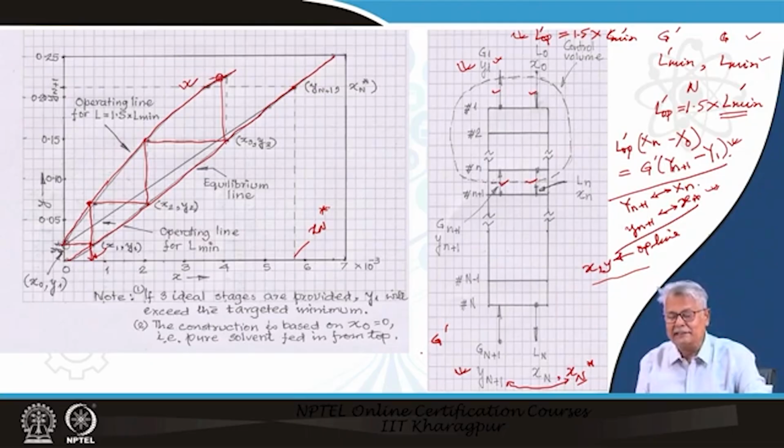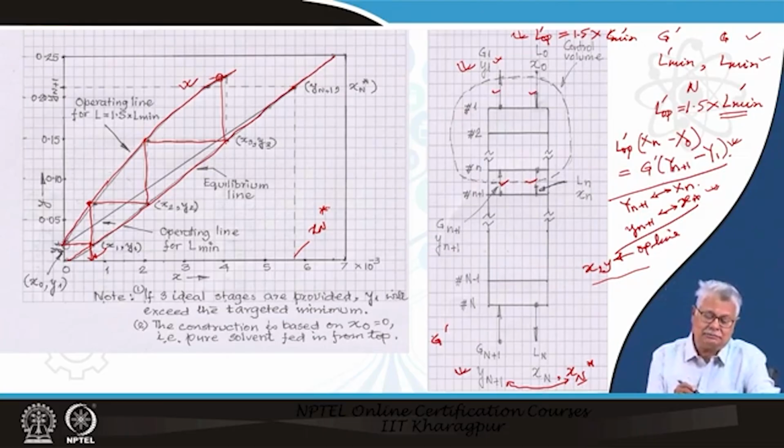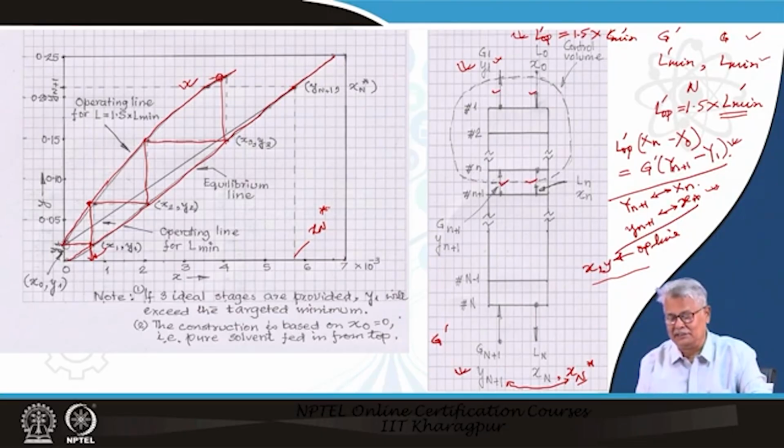So, what we can say is this is a safe design with a very small amount of margin also. If we want to be exact, we will say that we really do not require 3 stages, we do not require 4 stages, we require about 3.8. So, with this we will move on, and this is how you find it out.